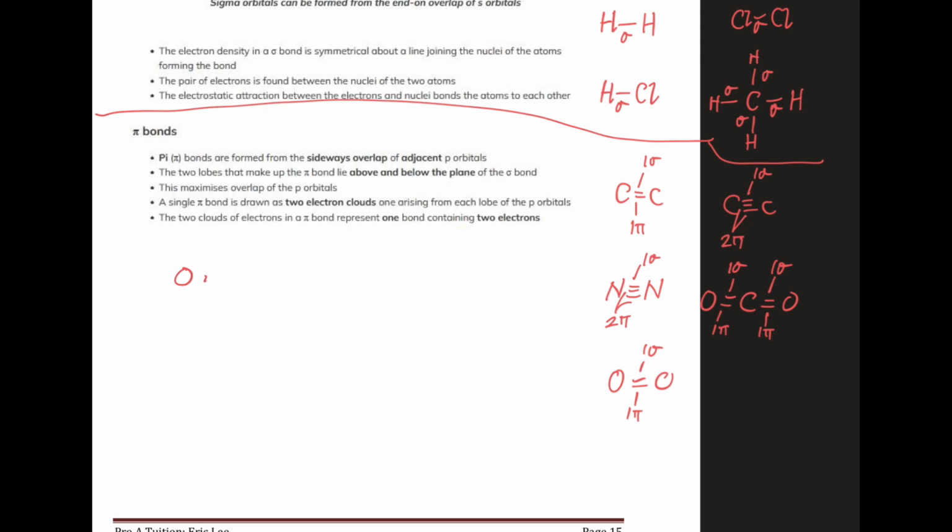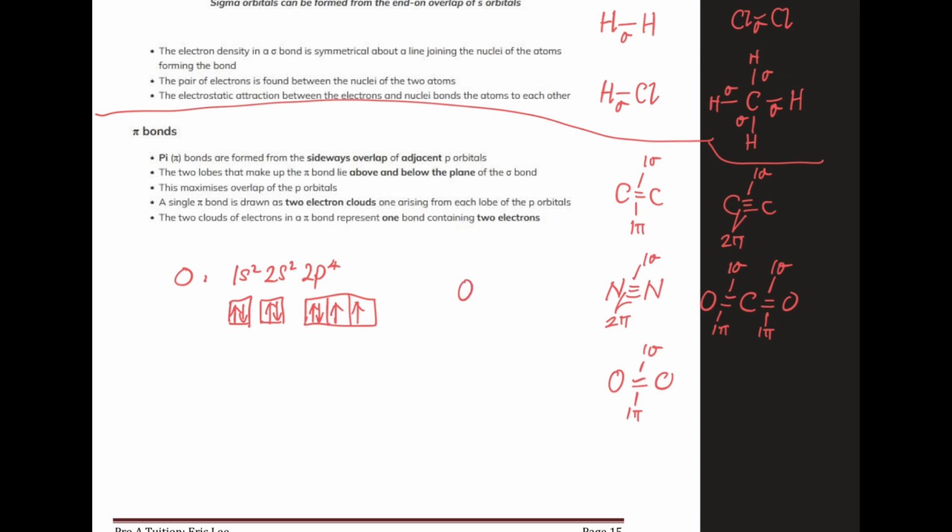You know oxygen is 1s2, 2s2, 2p4. Oxygen looks like this, and another oxygen will look like this also. These two oxygen atoms are going to form 1 sigma bond and 1 pi bond.